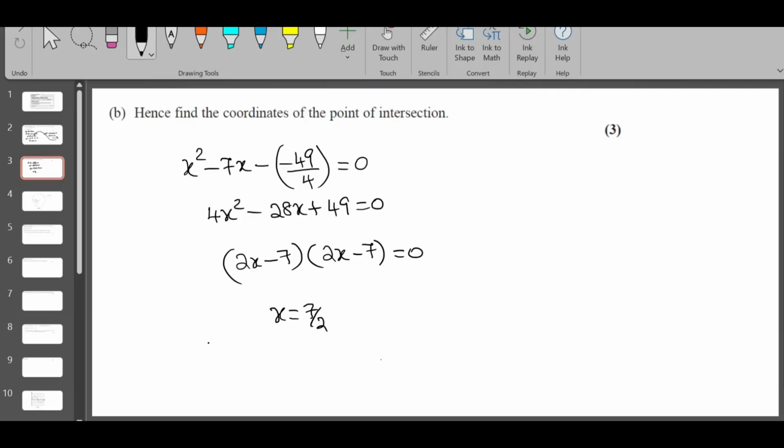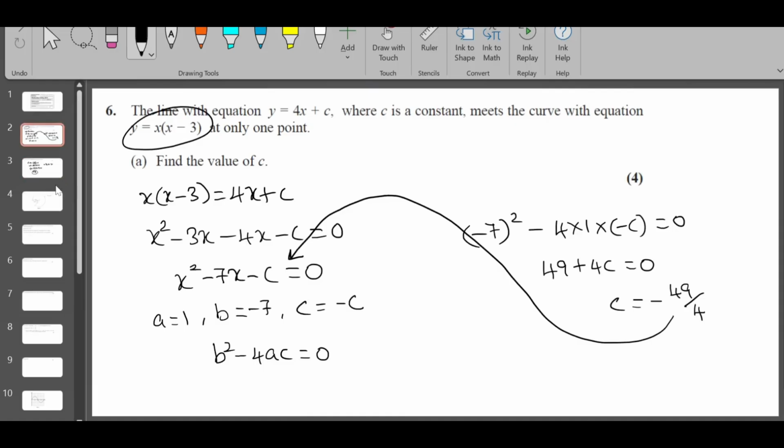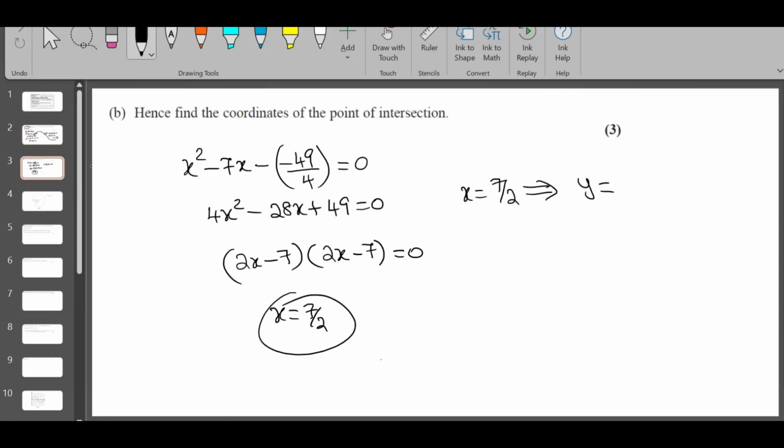To find the y coordinate, sub in this value into any one of the equations. So x is equal to 7 over 2. I'm going to take the equation of the curve. y is equal to x times (x minus 3).